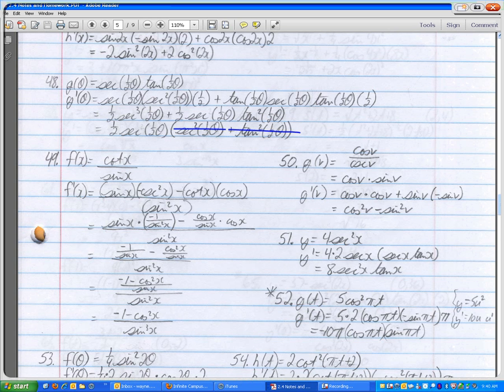Now, one of them has a cubed on it, the other one doesn't. Always use the smallest exponent. So use the exponent of 1. Now, what am I left with? Well, in front of the plus sign, 1/2 divided by 1/2 is a 1. And then secant cubed divided by secant will be secant squared.